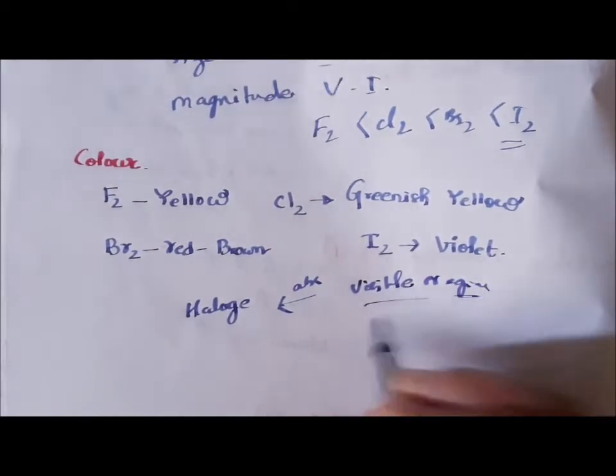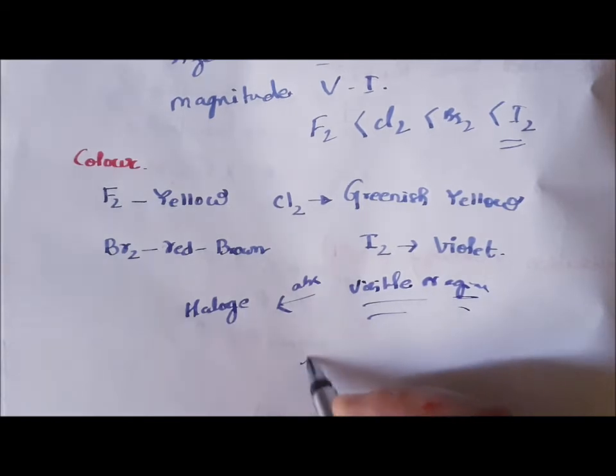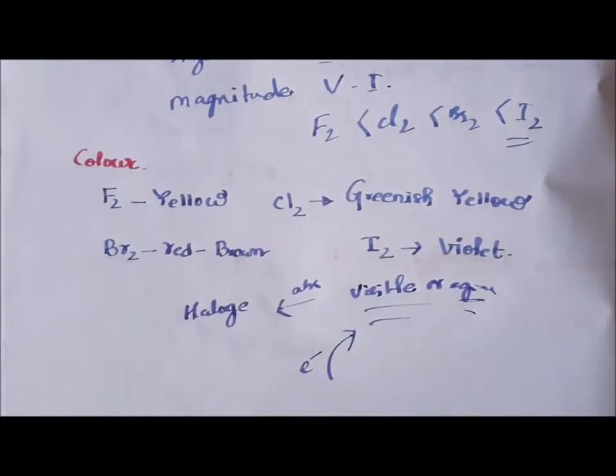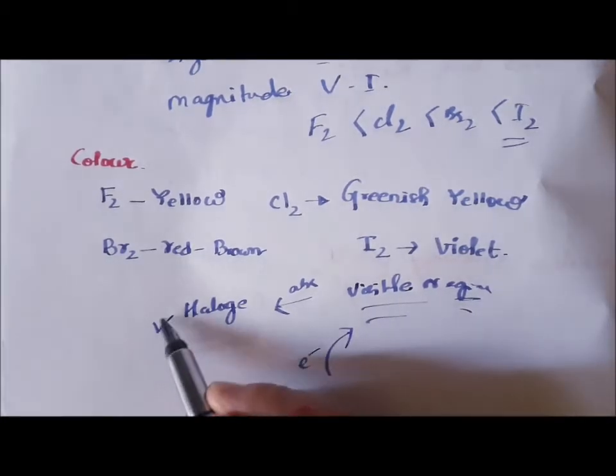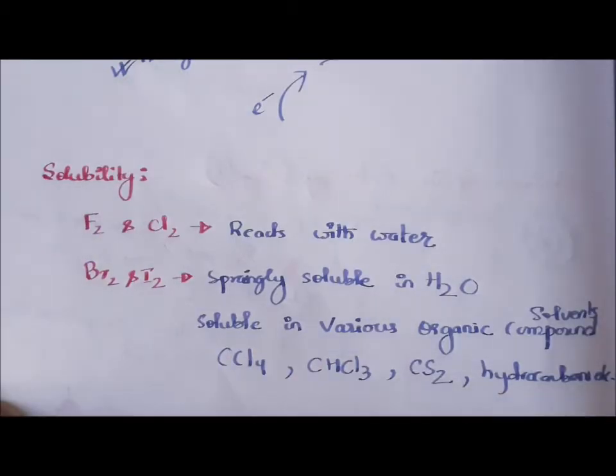Visible means colored, right? After this, the valence electron gets excited to a higher energy level. Because of this, halogens are colored in nature. Again, why? Because of absorption of visible radiation, which leads to the excitation of valence electrons to the higher energy level.